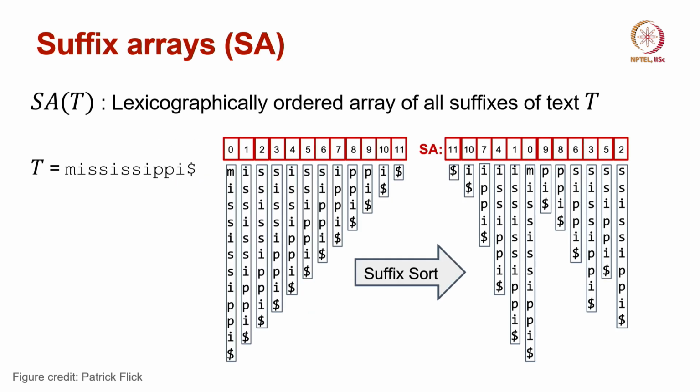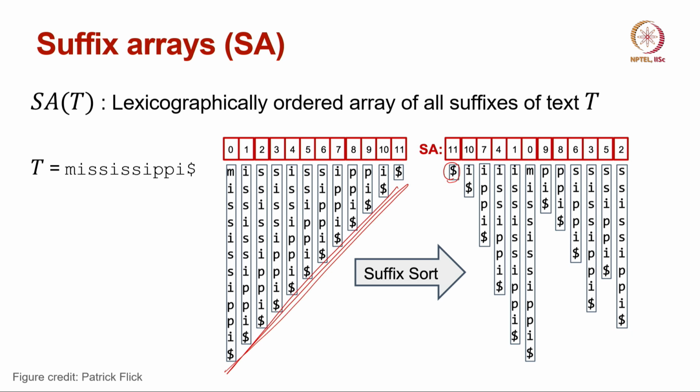So again, continuing the Mississippi example, considering all the suffixes here, we sort these suffixes lexicographically. If we sort the suffixes lexicographically, then automatically the suffix dollar will appear first, because it is the lexicographically smallest suffix among all the suffixes.